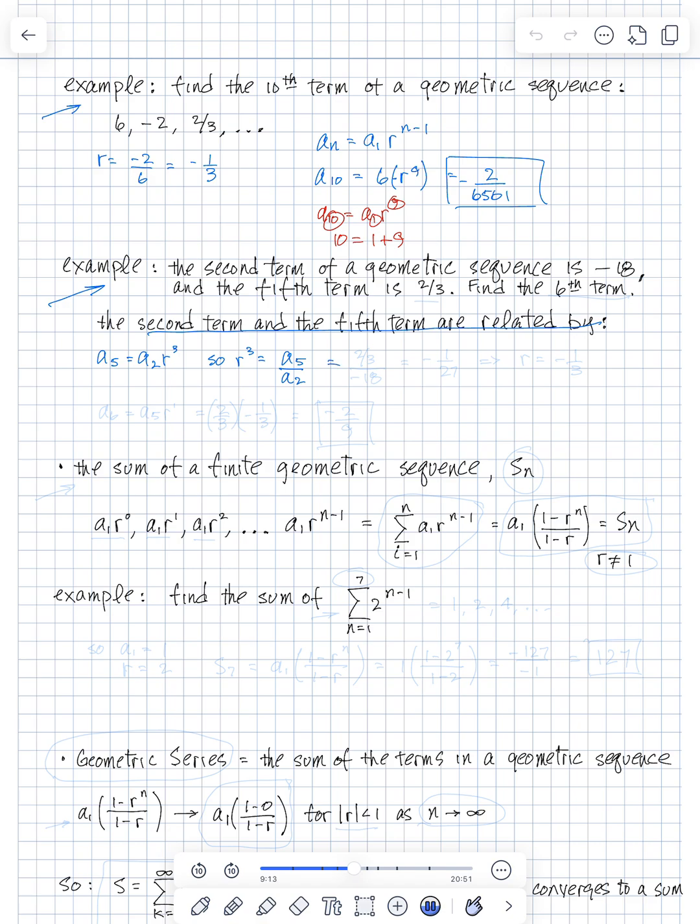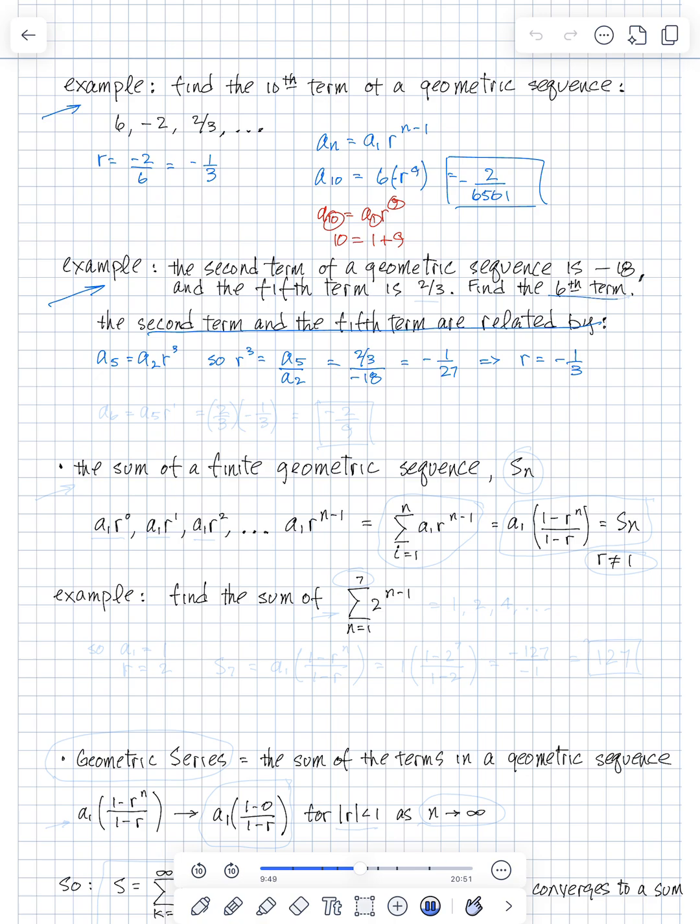And a5 is given as 2/3, and a2 is negative 18. So this gives r cubed is negative 1 over 27. So we want to take the cube root of that, giving us r is equal to negative 1/3.